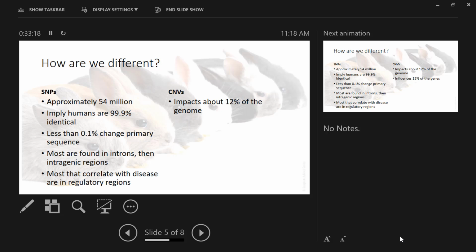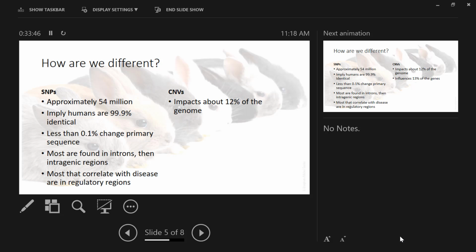But then we start to realize that these copy number variants are really common. In fact, about 12% of the human genome, so the human genome is just over 3 billion bases, so 12% would be just over 35 million bases, I believe, if my numbers are right, are impacted by these copy number variants.